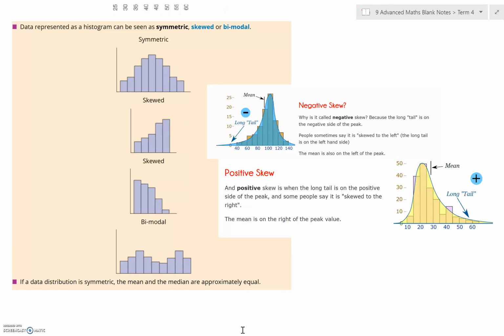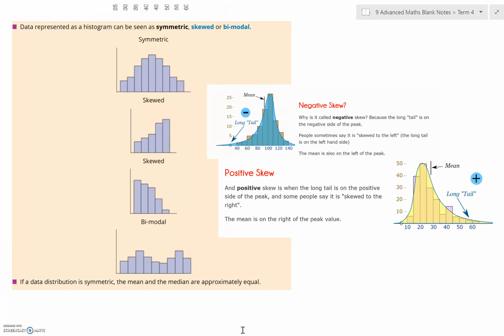Then of course there are two types of skewed distribution. The two graphs underneath are both skewed, but one is called a negative skew and one is called a positive skew. Over on the right-hand side are some more explanations that might help you recognize that.